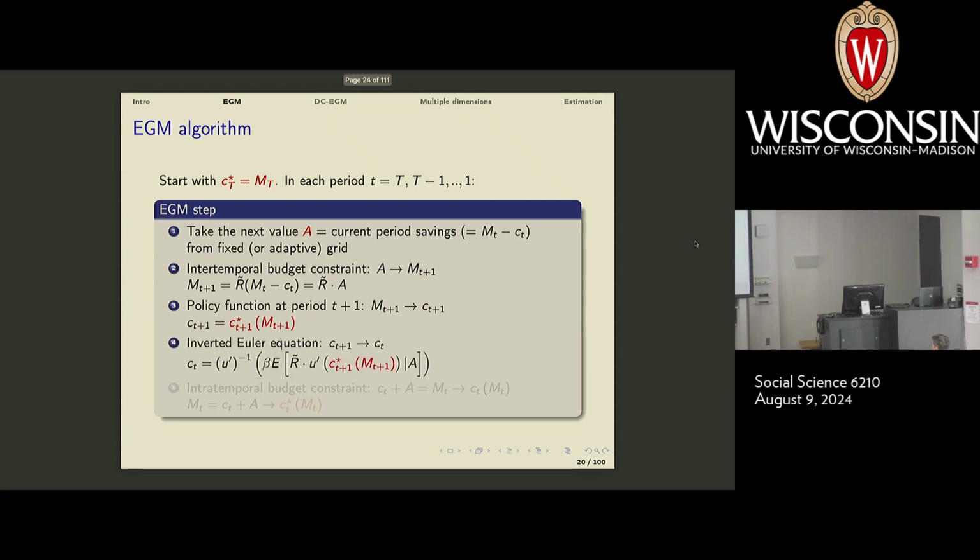And from that, I can recover the optimal consumption today. And I'm particularly lucky if the marginal utility is analytically invertible. And then I know the optimal level of consumption today and an optimal level of savings today. I can put them together, and I have my M_t point. What is this point? That's the amount of wealth which corresponds to this calculated optimal consumption.